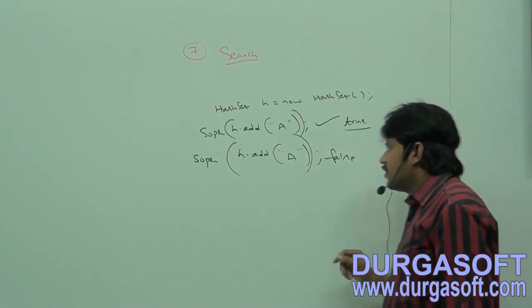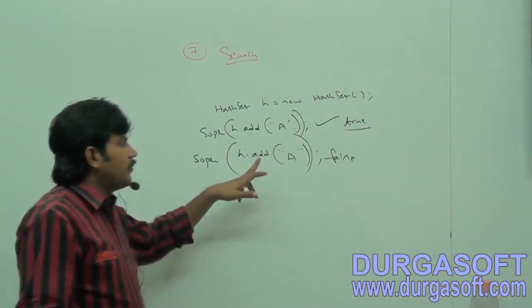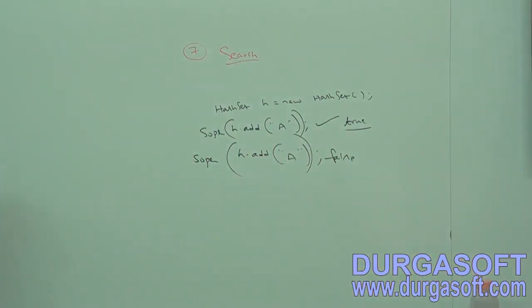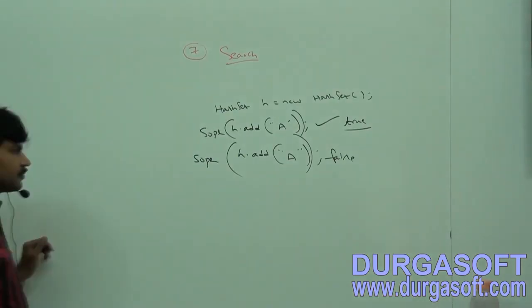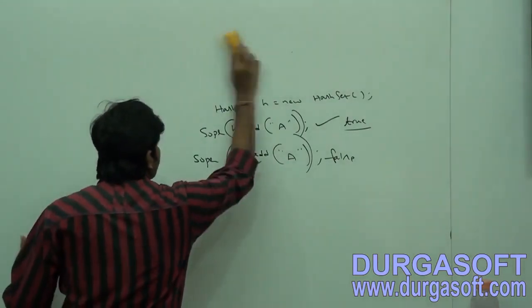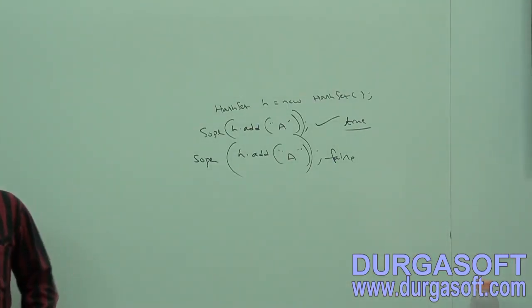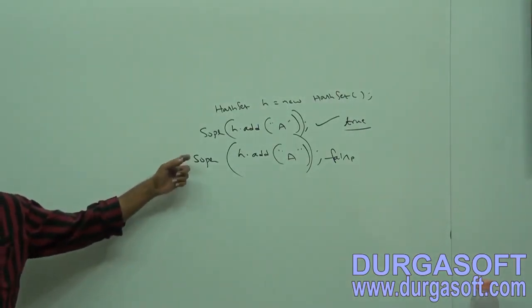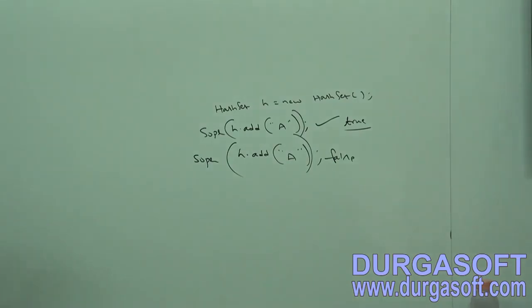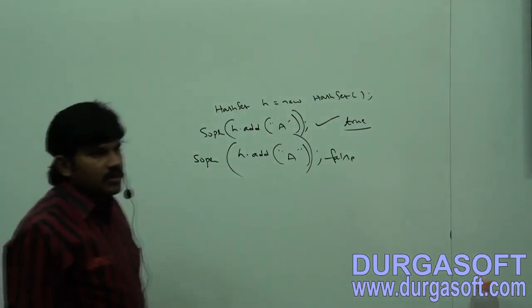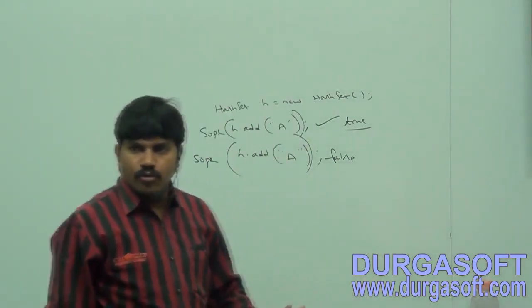SOP of h.add of a again, the return value is false because it is a duplicate. It won't be inserted, right? That's all. So if we are trying to insert duplicates, what will happen? Now the terminology is very clear for you, right?